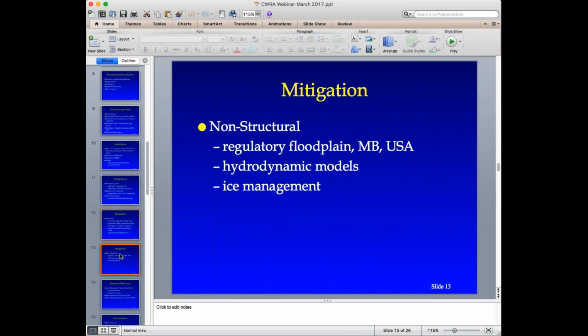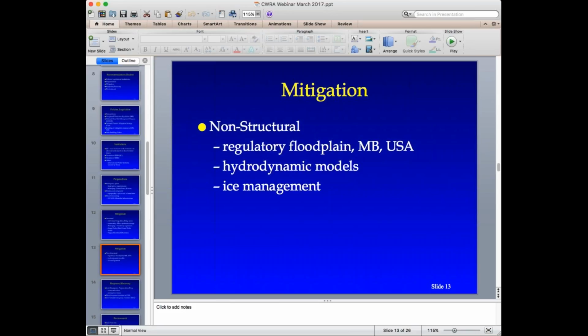Moving on to some of the non-regulatory and non-structural type mitigation efforts, the regulatory floodplain in Manitoba and the U.S. was, as I mentioned earlier, the Manitoba floodplain was upped a considerable amount. The U.S. still maintains the 1 in 100 floodplain as a regulatory floodplain. The other thing that took place following the 1997 flood was considerable effort on hydrodynamic models.